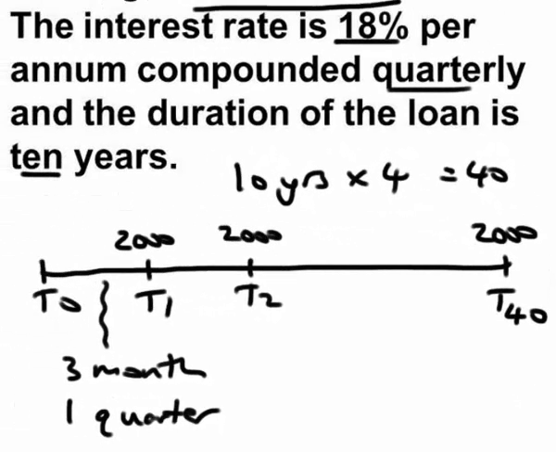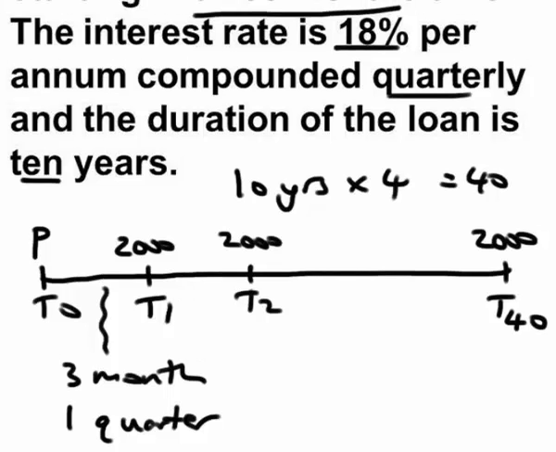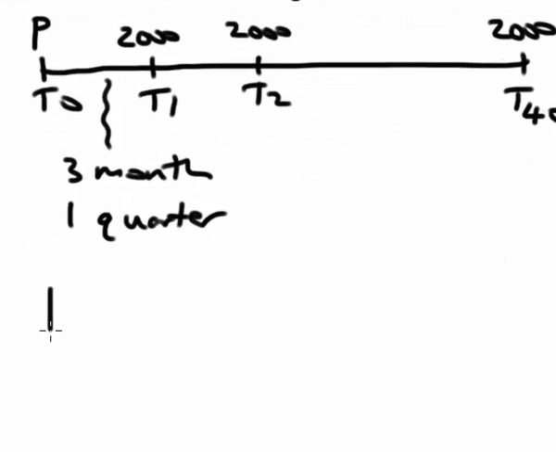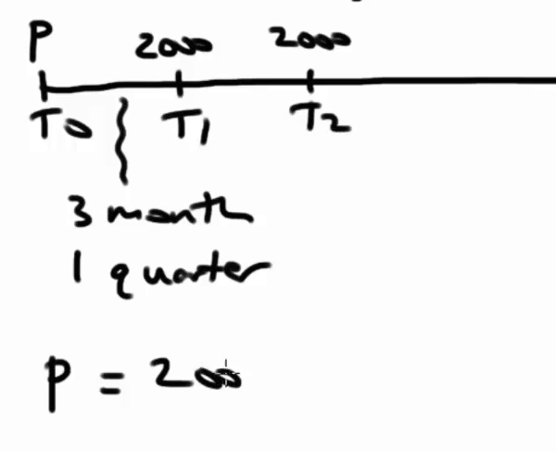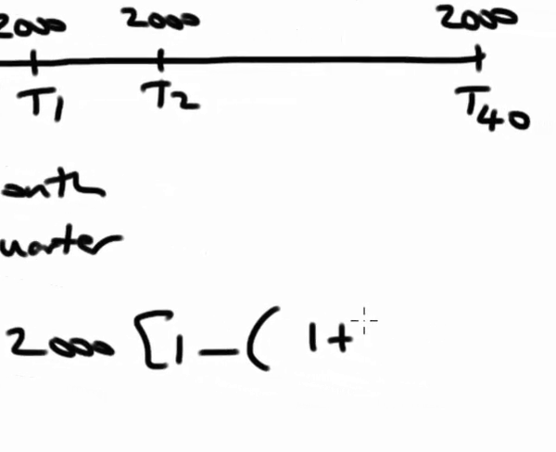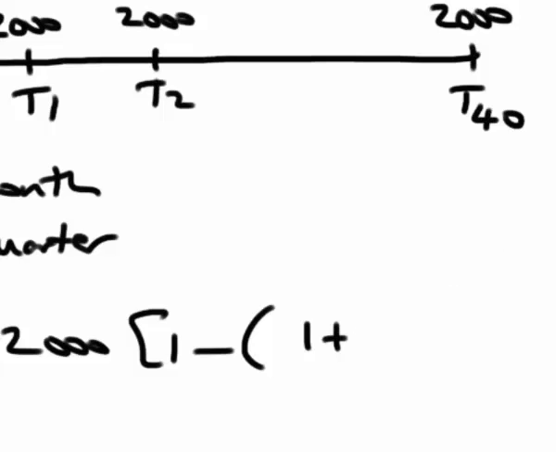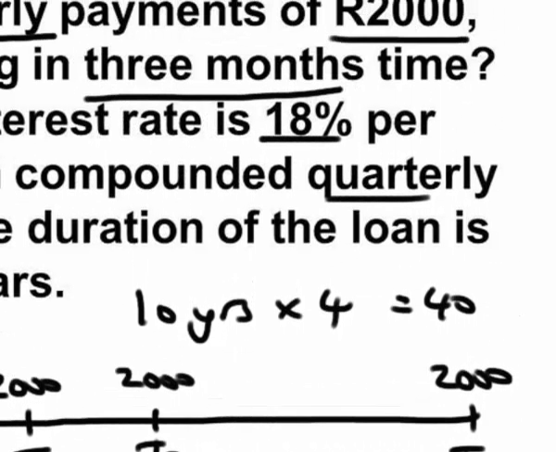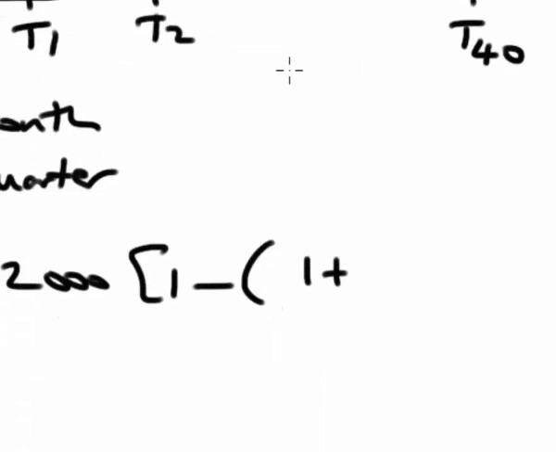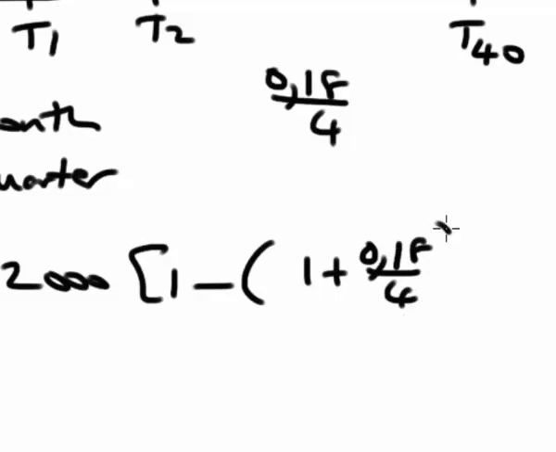Now the question is, what is the present value of the loan? Well, very easy. This is why the formula works brilliantly. P is equal to 2,000 into 1 minus 1 plus, and the interest rate was 18% quarterly, so it's 0.18 over 4.